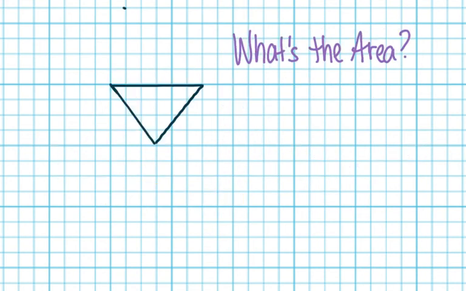Let's do this one more time. Here we have an acute triangle. We need to find its area. So we're going to do the same thing we did, and we're going to mirror or reflect this across one of its sides and create a parallelogram. I'll count it out that the other side needs to be 1, 2, 3, 4, 1, 2, 3 over.